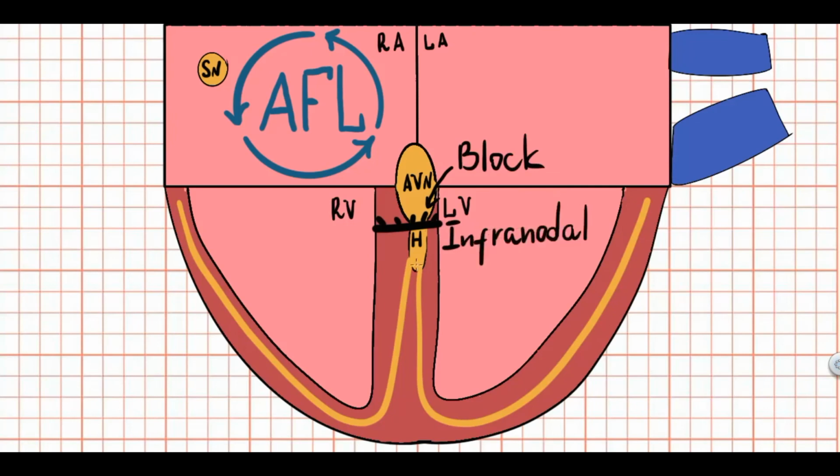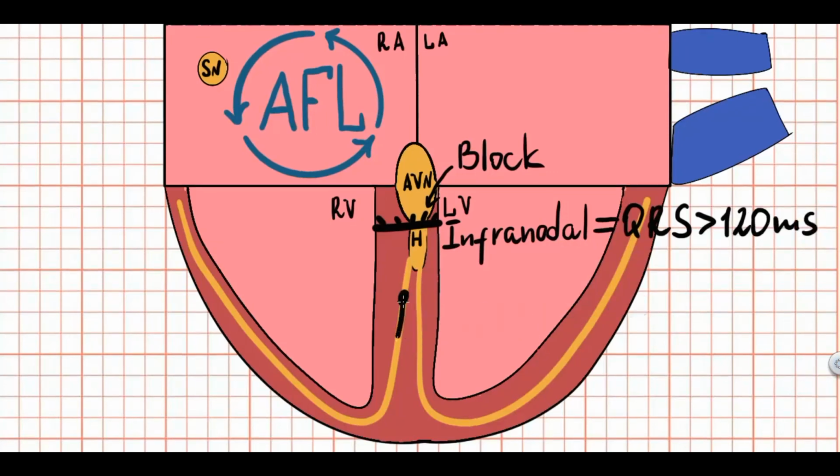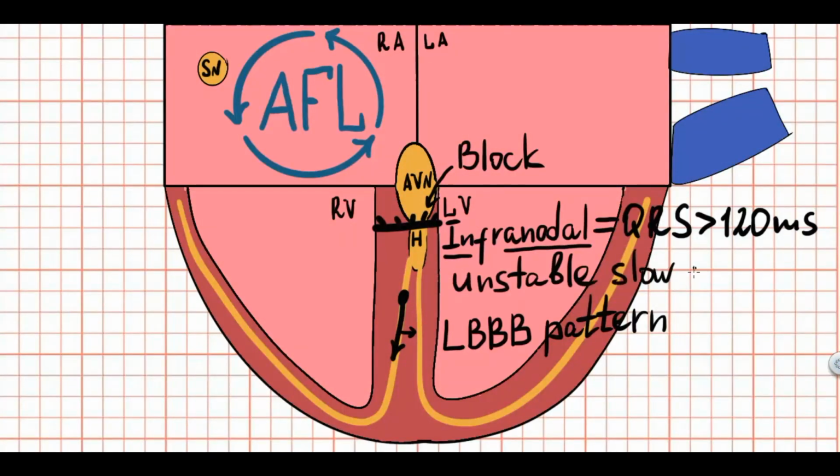Otherwise, the ventricles are stimulated by an infranodal pacemaker, usually producing wide QRS complexes. As a general clinical rule, complete heart block with wide QRS complexes tends to be less stable than complete heart block with narrow QRS complexes, because the ventricular escape pacemaker is usually slower and less consistent.